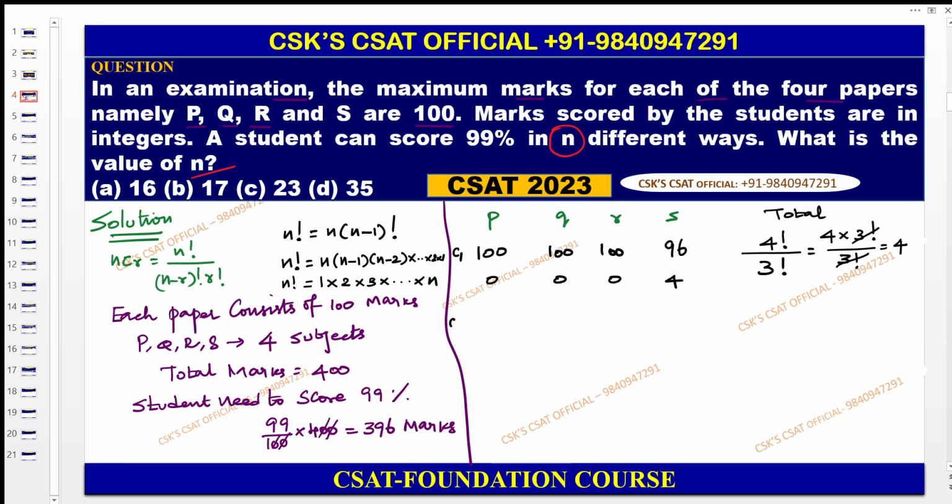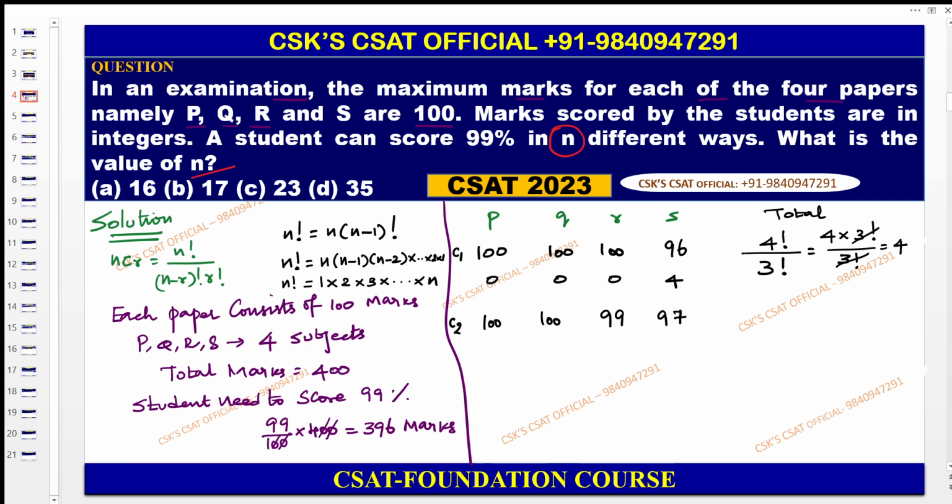Now we can go with case 2. 4 marks we are done. That 4 marks can be split as 3 plus 1, which means he is scoring 100 in 2 subjects, losing 1 mark in 1 subject, and losing 3 marks in 1 subject. That's it, irrespective of the subject P, Q or S, anything is fine. That only we are making into combinations here.